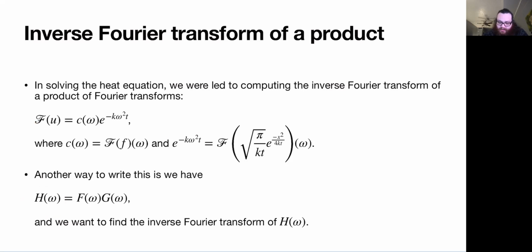Our function capital H of omega is the product of two Fourier transforms, and we want to compute the inverse Fourier transform of capital H. One important fact we'll be using is that both of these are already Fourier transforms of some functions.